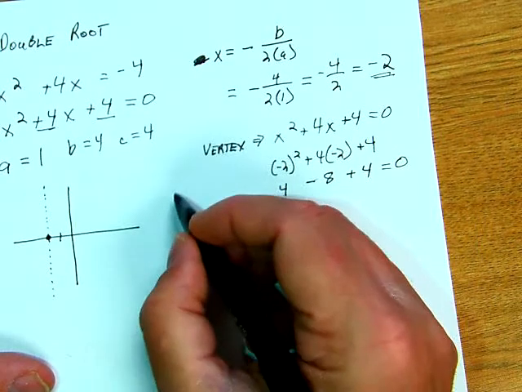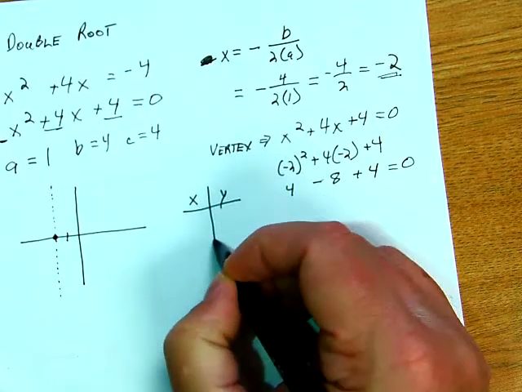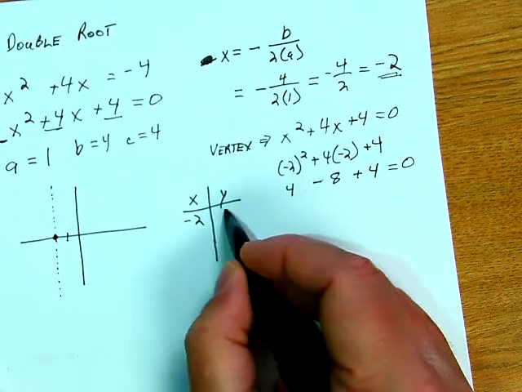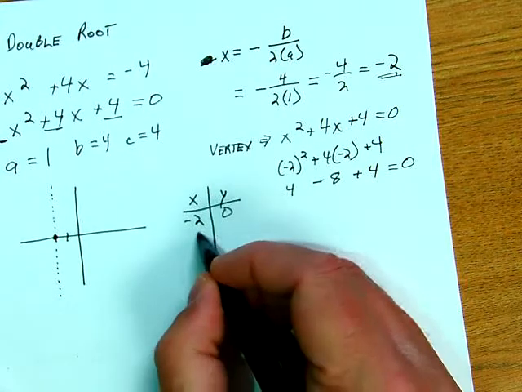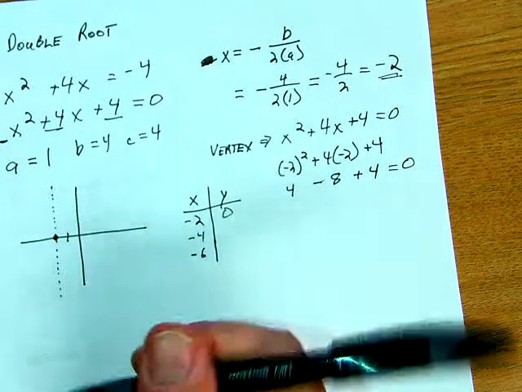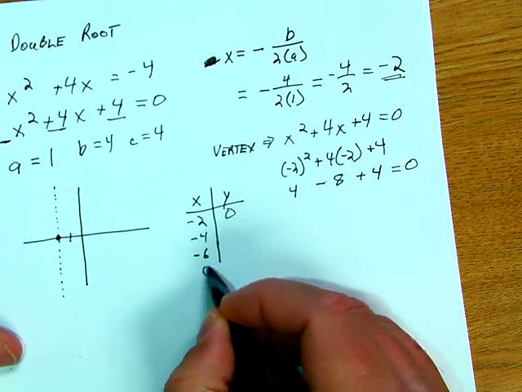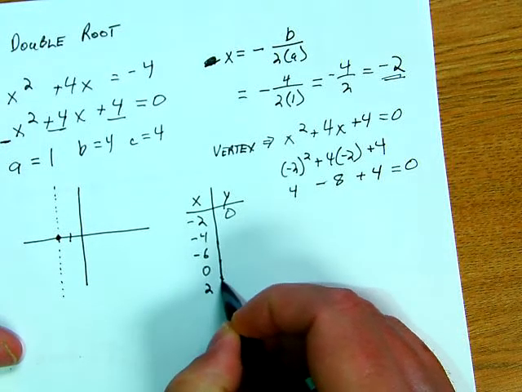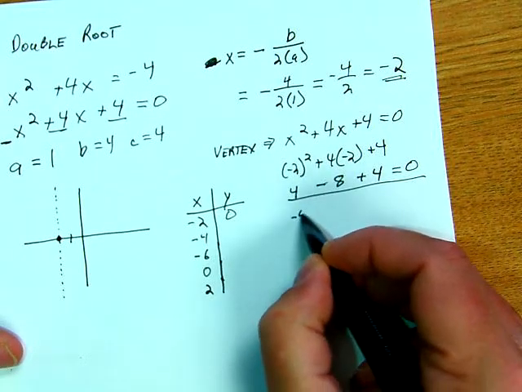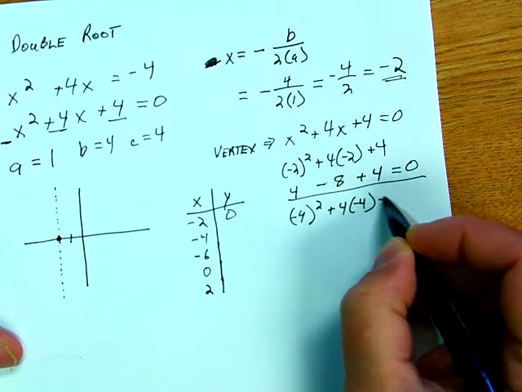Okay, and to finish out drawing, I make my X and Y chart. I'm going to start at -2 and 0. I'm going to go left 2, so I'm going to go -4 and -6. I'm going to go right, or that direction, so over 2 would give me 0 and +2. Let's graph that. First, let's substitute -4 in this equation: -4 squared plus 4 times -4 plus 4.